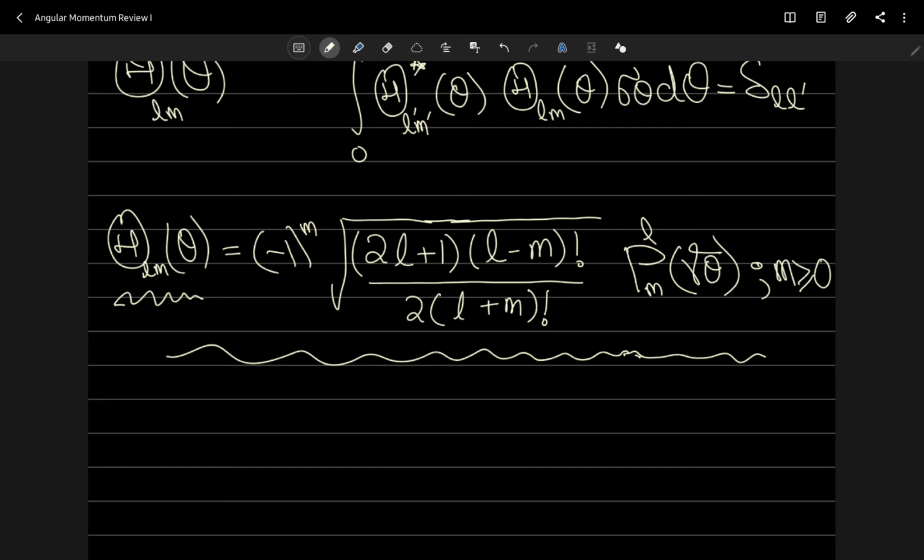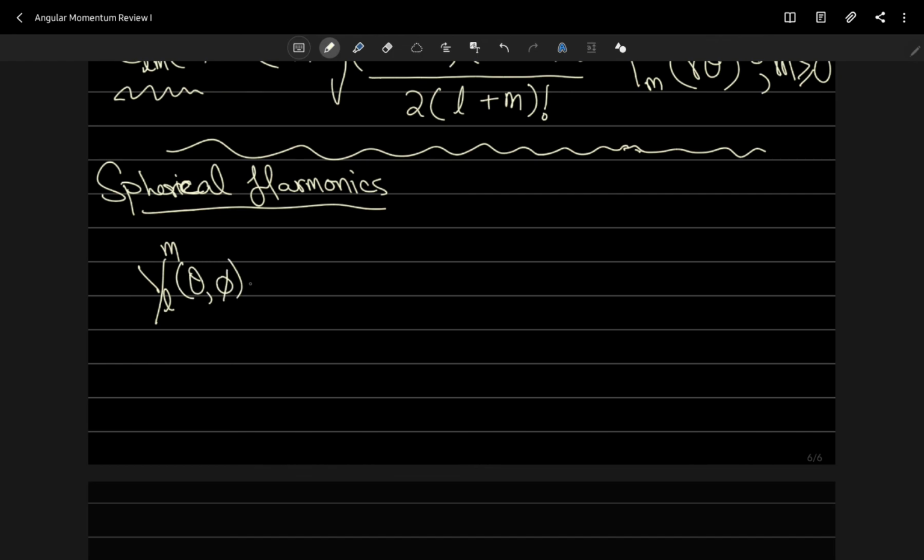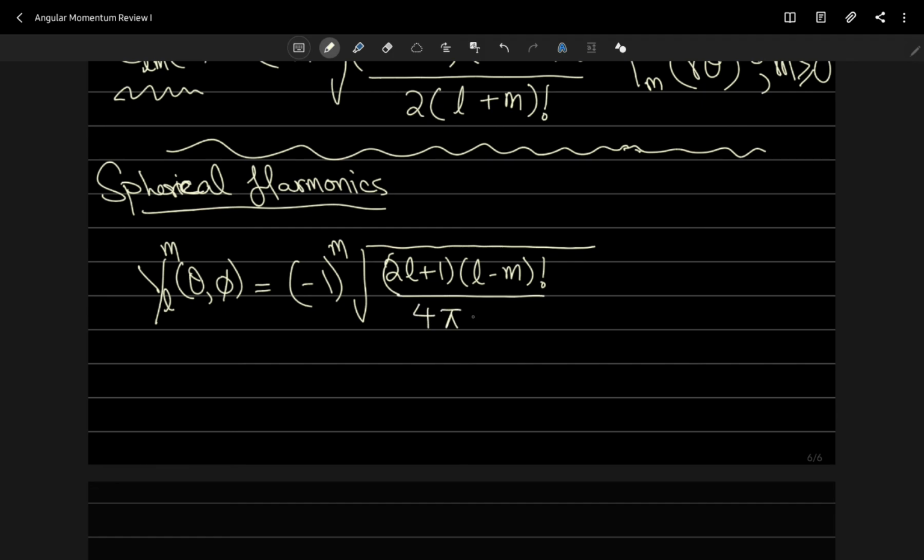Now from this, the explicit form of spherical harmonics is given by Y ml of theta and phi, which is equal to minus 1 raised to power m times the square root of (2L plus 1) times (L minus m) factorial over 4 pi times (L plus m) factorial, times P ml as a function of cosine of theta, multiplied by exponential i m phi.